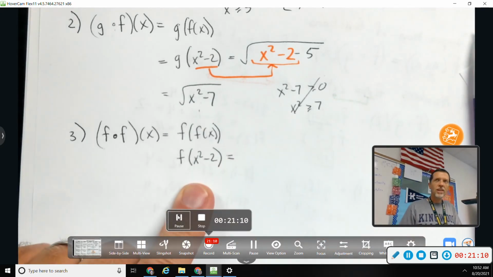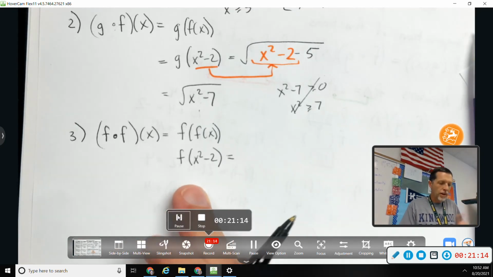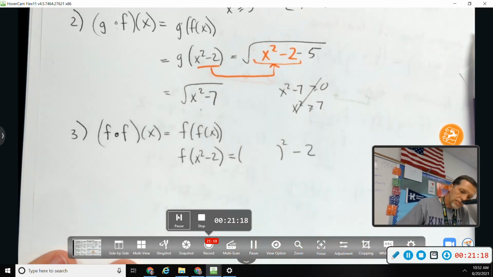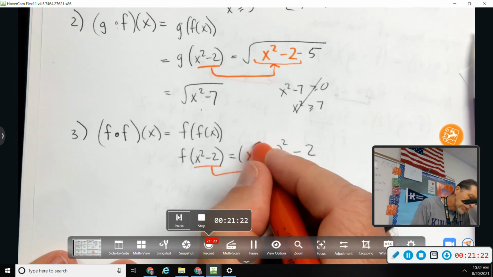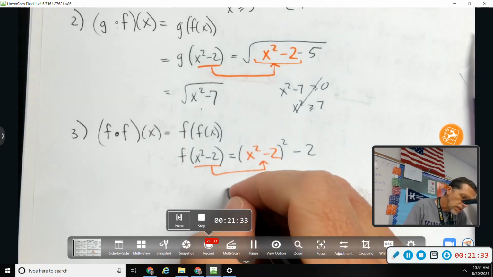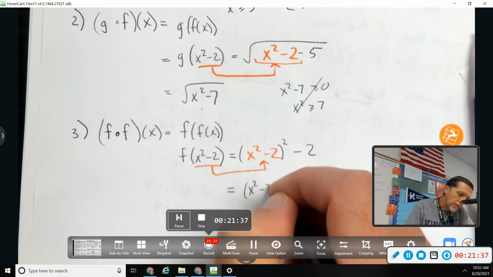Again, it's a little bit confusing because x squared minus 2 is the f function, but I need to use it again. The f function is whatever the input is, square it and subtract 2. I don't think I want to FOIL that one in my head with that x squared in there.